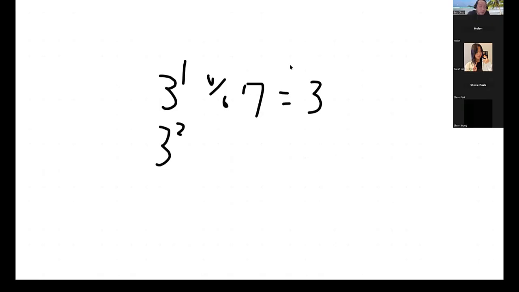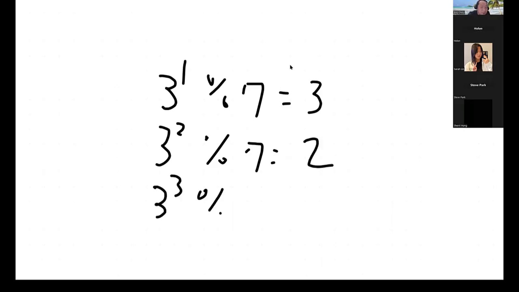If you use a prime number, we talked about this before. 3 to the power 1 divided by 7, remainder 3. 3 to the power 2 divided by 7, remainder 2. 3 to the power 3 divided by 7, how much is it?